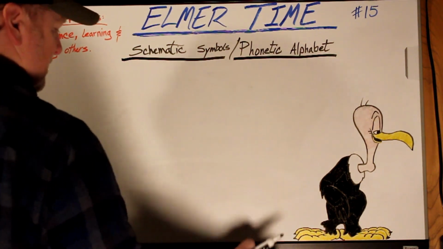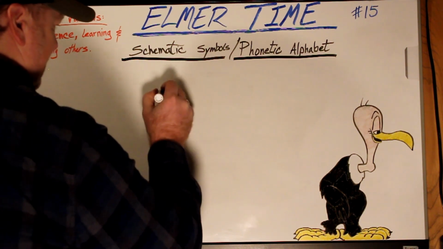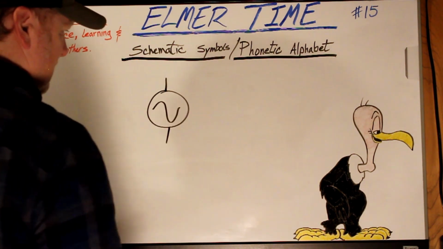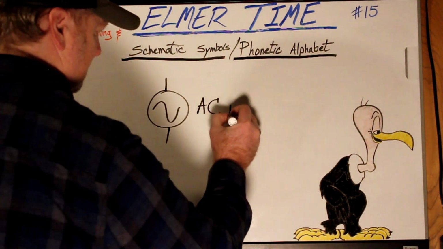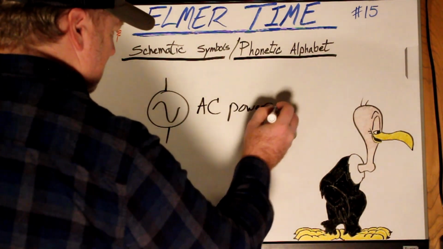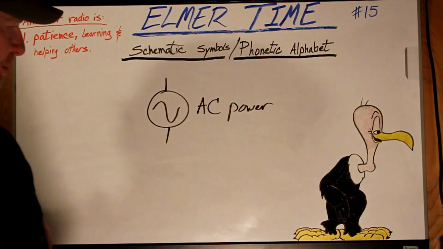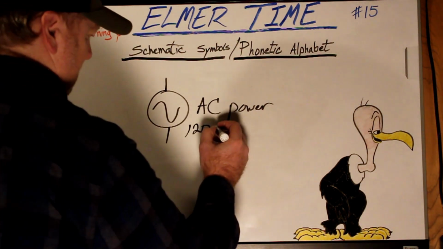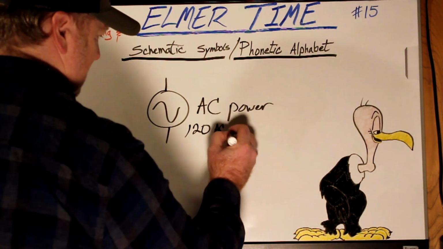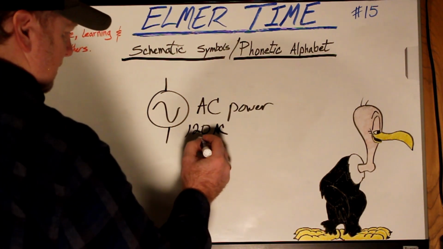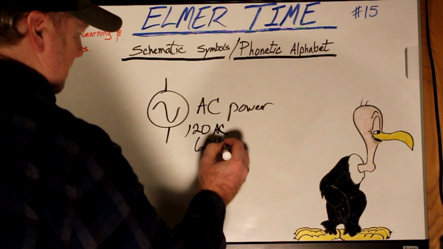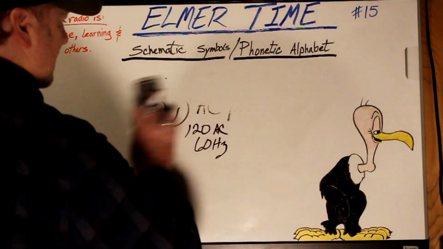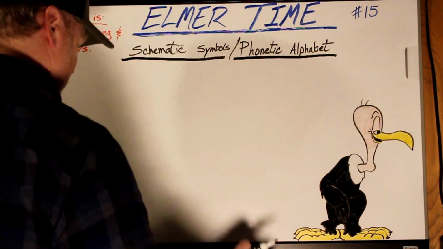That's what a DC battery looks like. For AC, alternating current, it'll look like this. That's an AC power source. And once again, you may see a number next to it, like 120 or 120 AC. You might see that as well if you're in the United States. That's an AC power source.